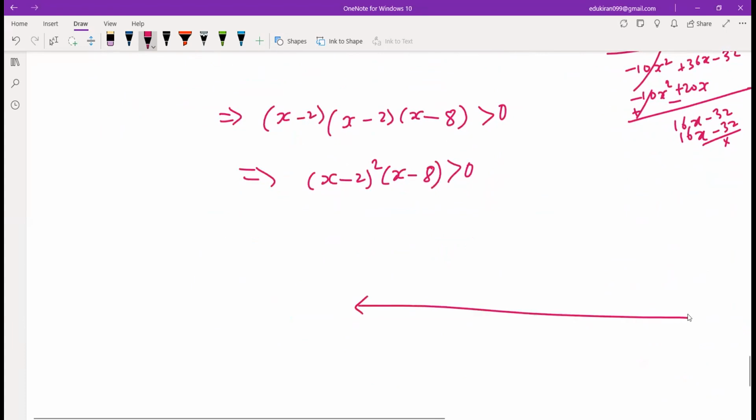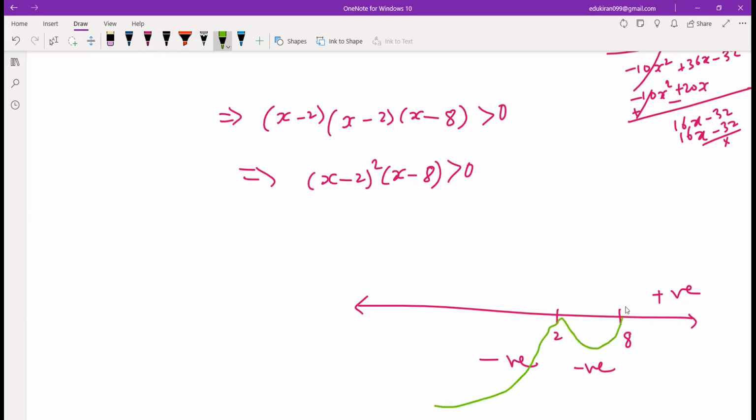Now you will have 2 and 8 as its two zeros. Here it will be positive. Here it will be negative, and here also it will be negative because x minus 2 has even power. So the graph is something like this. And what do we want to get? We want to get greater than 0. So the greater than 0 region is x greater than 8.